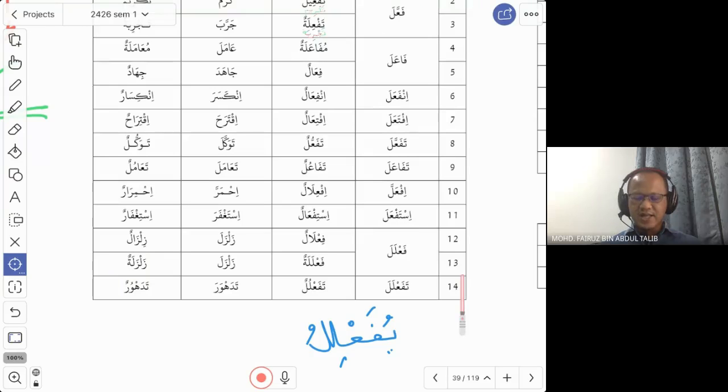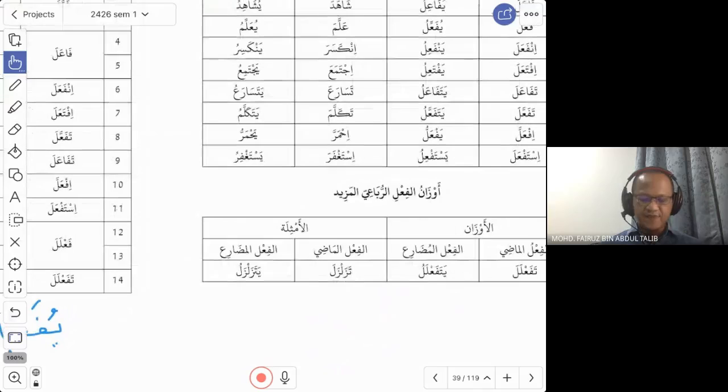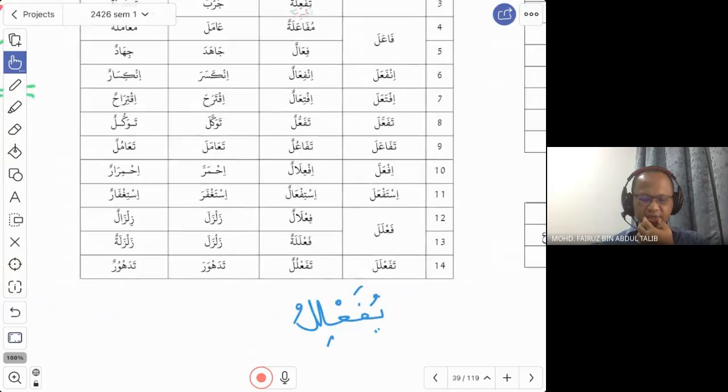And the last wazan for the fi'il is tafa'lala. Mudari, you refer to the old table, tafa'lala yatafa'lalu. Tazalzala yatazalzalu. Or here they give you another fi'il, tadahwara. Tadahwara means to decline, to become worse in quality.